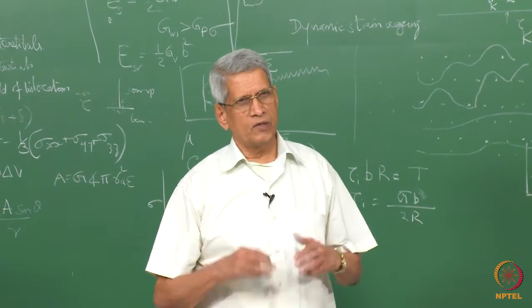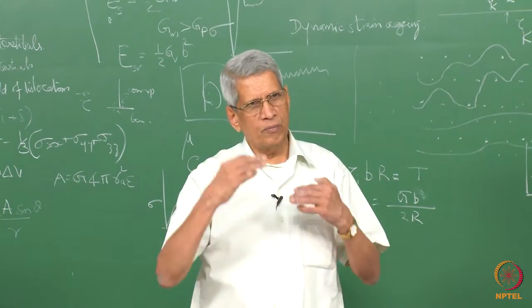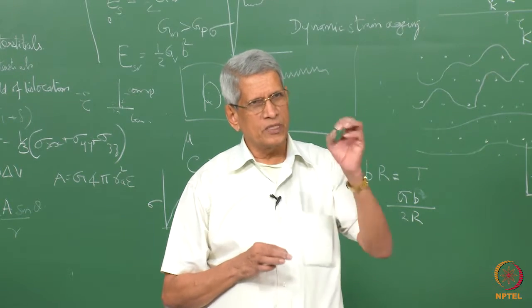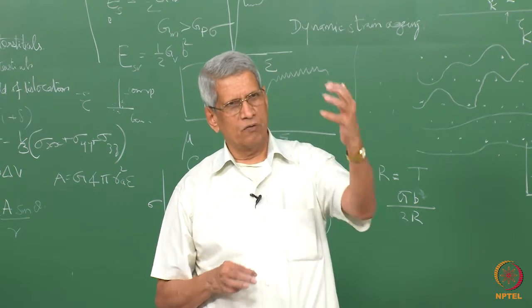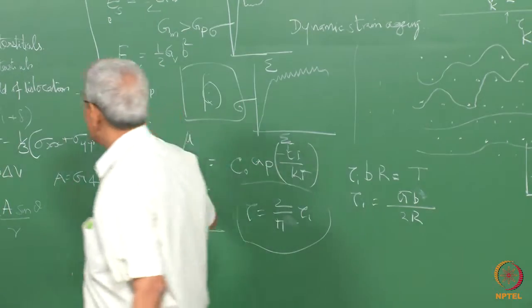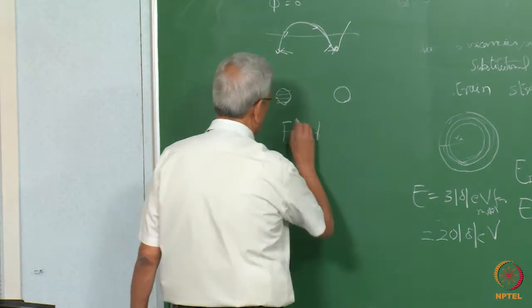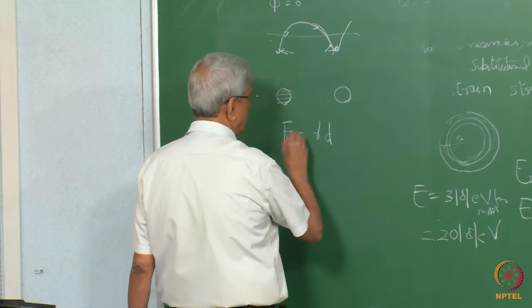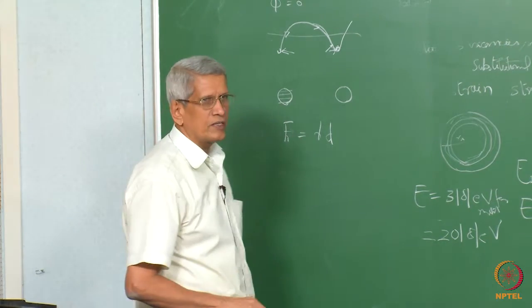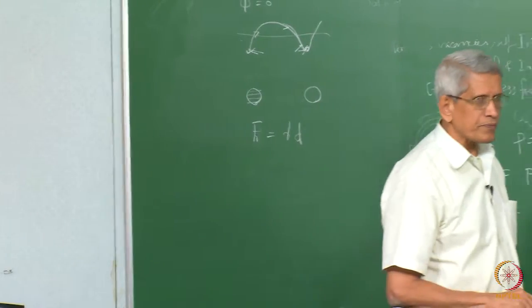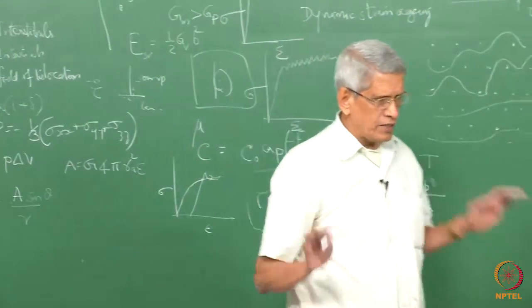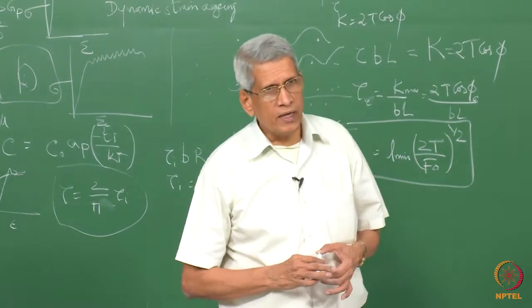That means an antiphase boundary is created. That much energy is also necessary for the dislocation. So in that case, the force F will be equal to gamma into D, where gamma is the antiphase boundary energy. Okay, these are all the various types. Then one more.